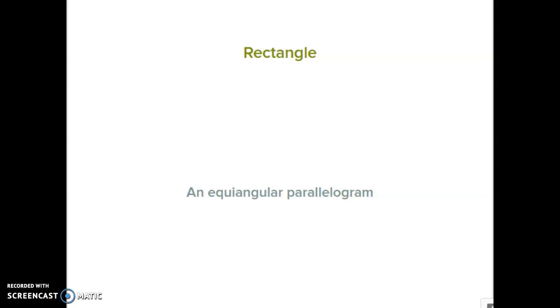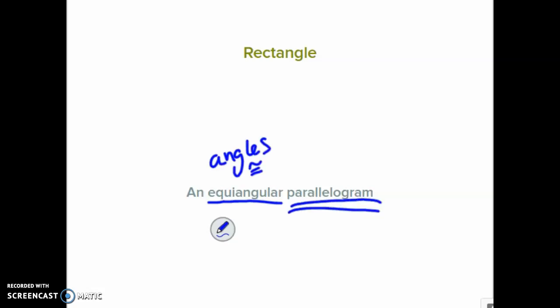Now a rectangle. Now most of us are like, well, I know what a rectangle is, but do you know the real definition of a rectangle? Okay, and that is an equal angular. So unlike equilateral, equal angular means that the angles are congruent, and it's a parallelogram, which means it has 2 sets of parallel sides.